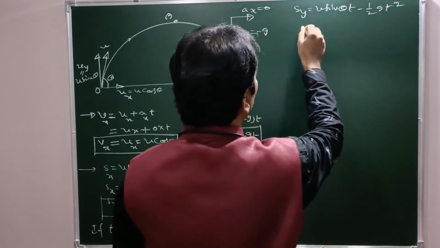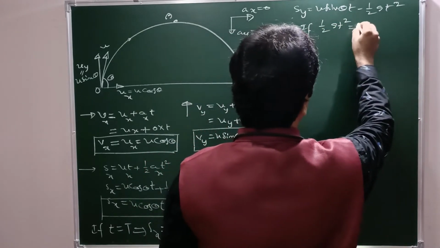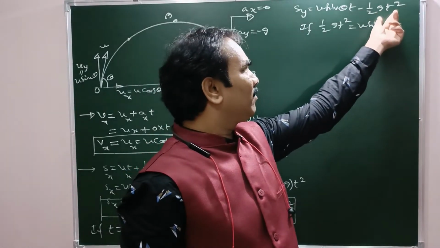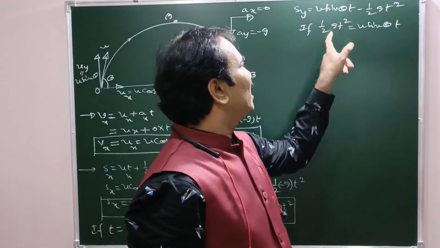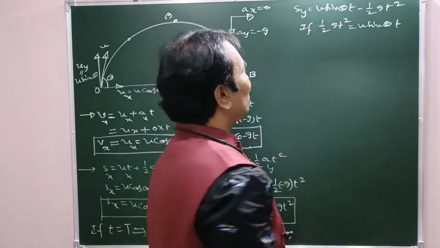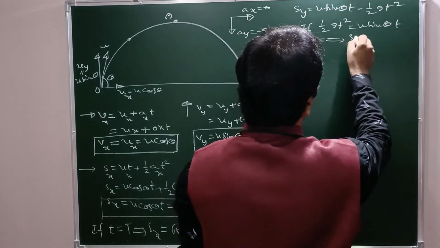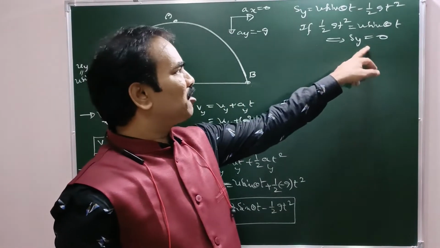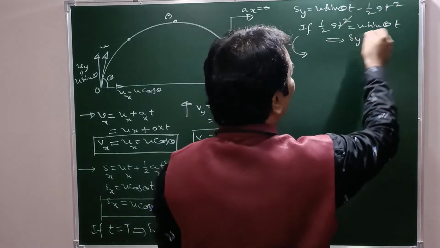If half gt square equals u sin theta into t, this second term with the negative sign becomes equal to the positive term, then sy becomes 0. Now, at what time does sy become 0? Make t the subject here. So that t gets cancelled.